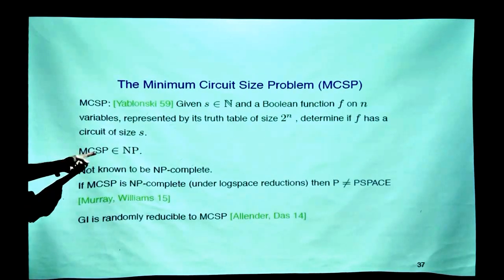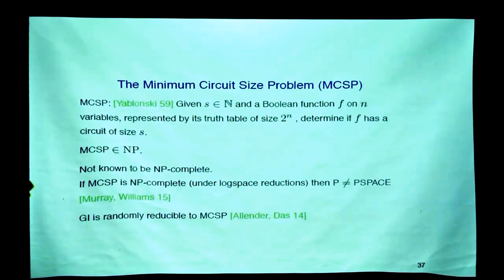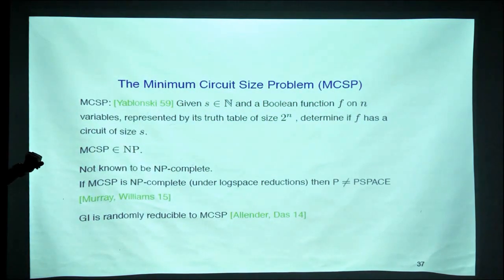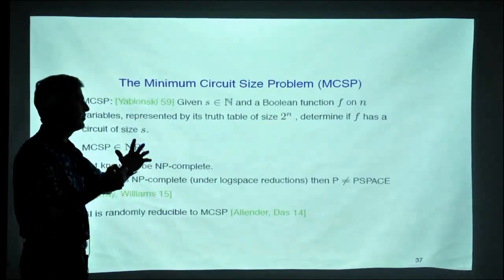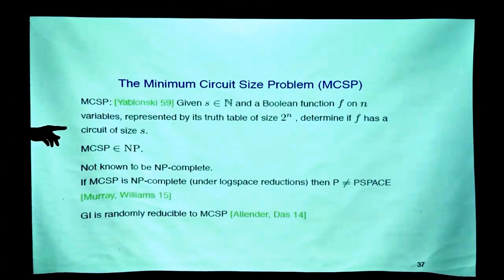And this problem is known to be in NP. Why? Because basically you can guess the circuit, and it cannot be bigger than 2 to the n, which is the size of the input.